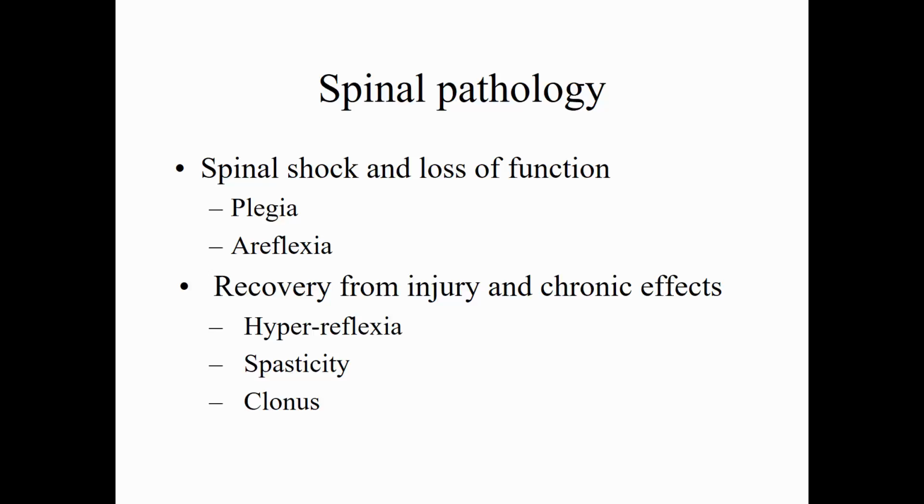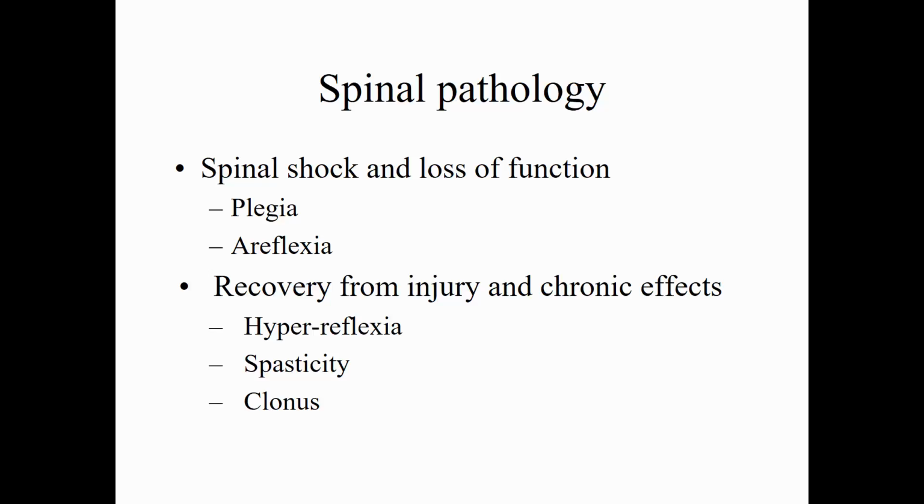So quadriplegia means you can't move anything below the neck or the shoulders. Paraplegia means you can't move things below the waist. You also can have areflexia, and that, in other words, means tendon taps and Golgi tendon reflexes are not working. You don't have reflex responses.